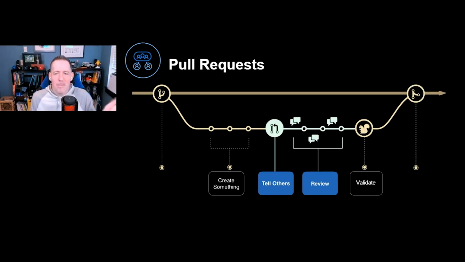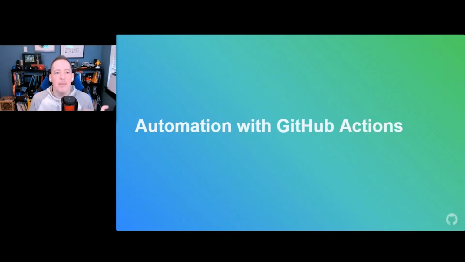Cool. So once we've gone through that process and we've merged in that code and we go, hey, this looks really, really good, how do we then get that out? Well, one way that we could do that is we could manually start running through all of that. But that's not going to scale, and that's also going to be very error prone. So this is where we want to get into some level of automation.